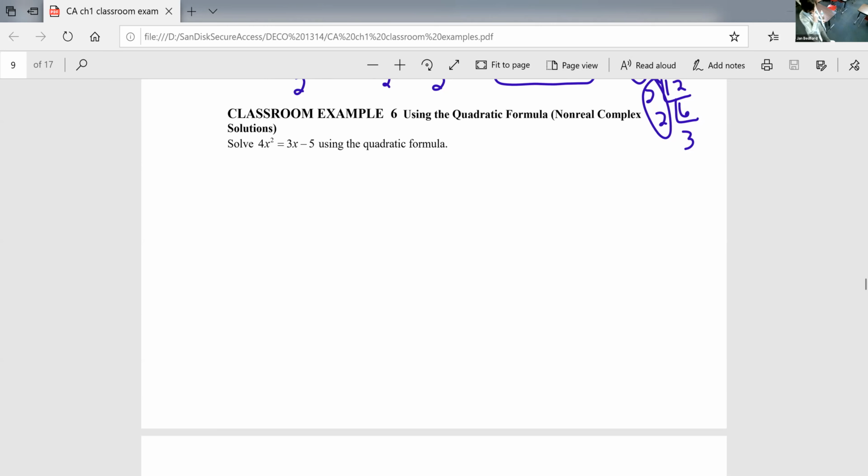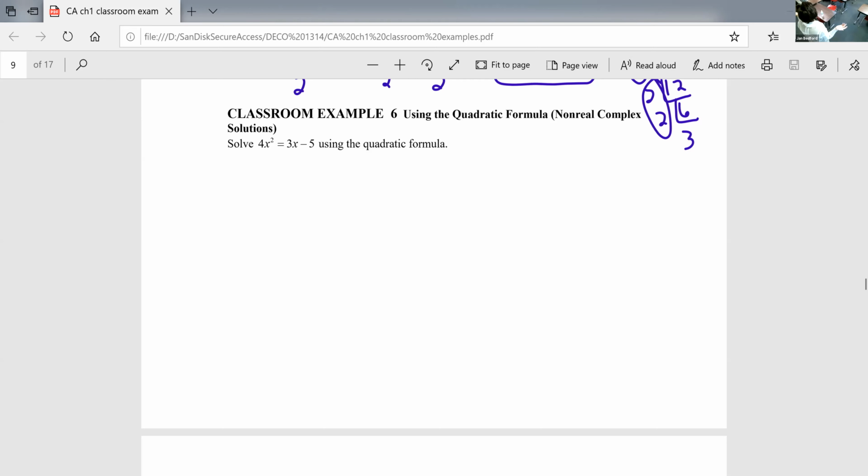Now, what do you think we're going to need to do first? It says 4x squared equals 3x minus 5. Okay, so Patrick is saying we got to get everything on one side and set it equal to 0, right? And since we usually like to keep the x squared term positive, we like for a to be a positive.